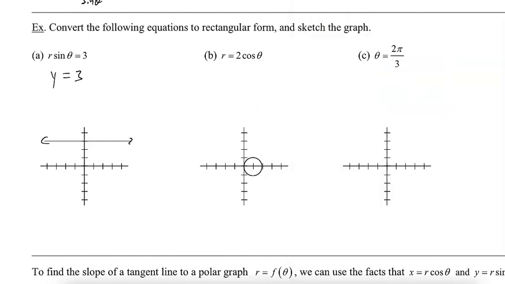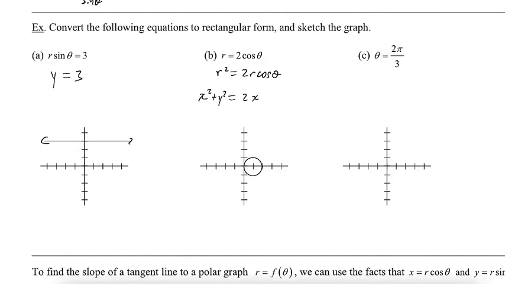All right. So converting this, I want to turn this into an x because it kind of looks like an x. So what I can do is multiply both sides by r. So r squared becomes 2r cosine theta. And r squared I know as x squared plus y squared, and r cosine is just x.